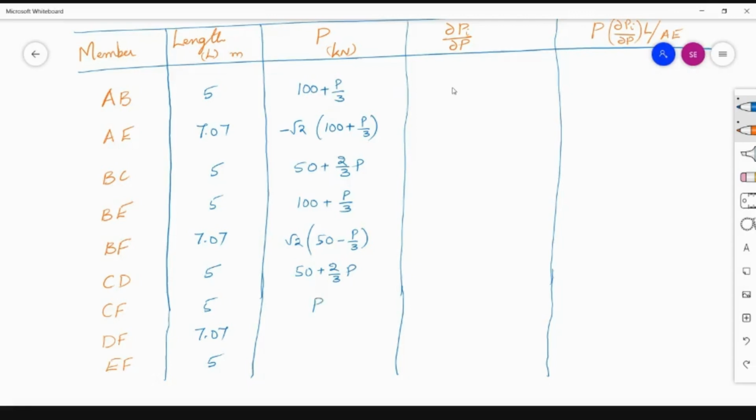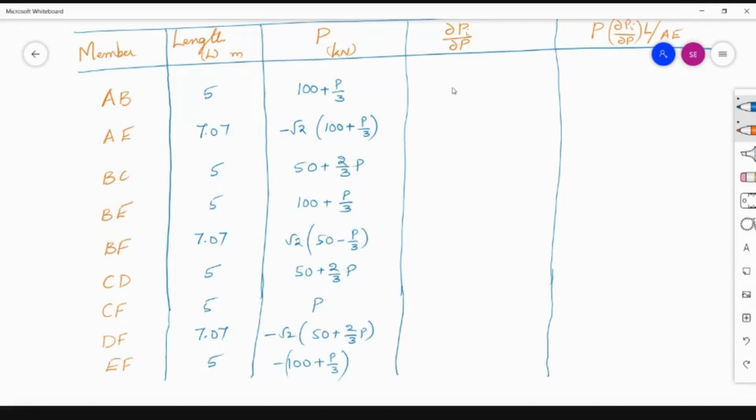The force in CF is capital P, and this is minus 250, plus 230, minus 100, minus of 100 plus P by 3. So these are the forces that are there in the members.